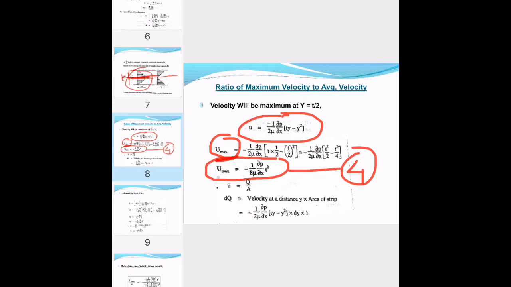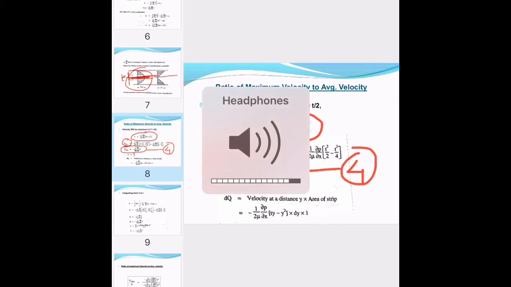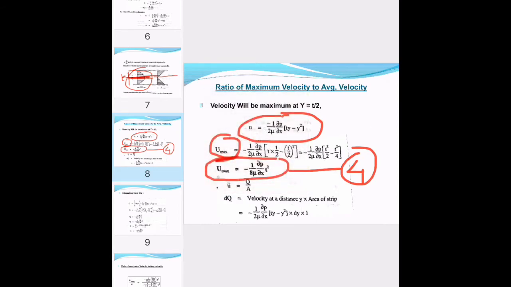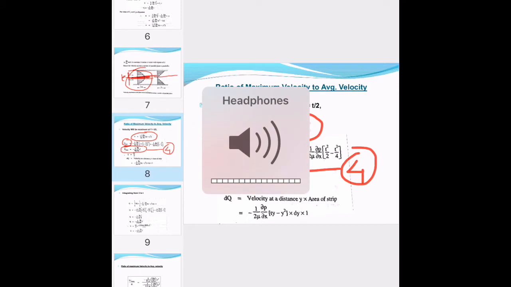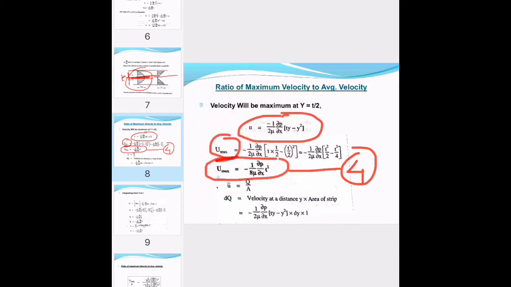Is that clear to you? Now we are going to find the average velocity, denoted by u bar.